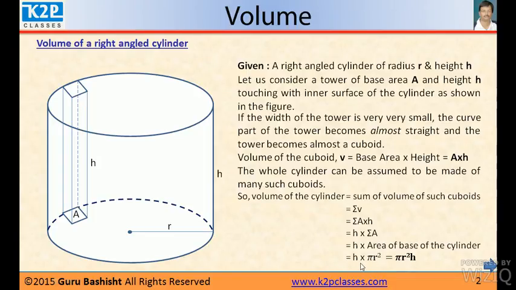So volume of the cylinder becomes pi r square h, where pi r square is the area of base, h is the height. Remember, if you take cuboid also, the volume should be area of the base into h.